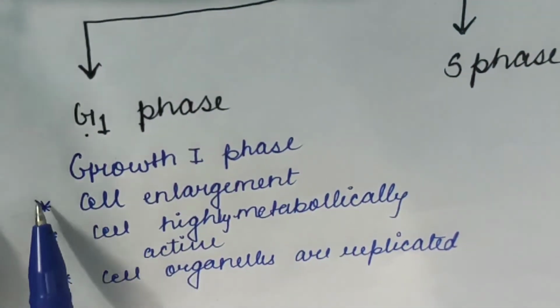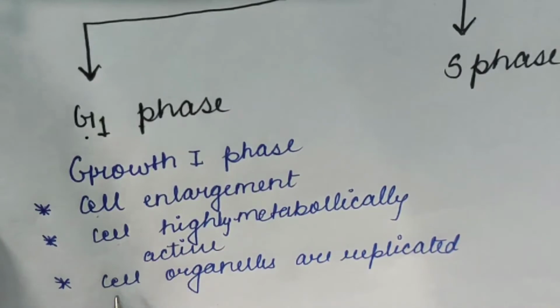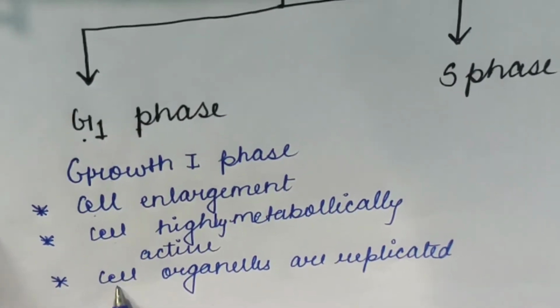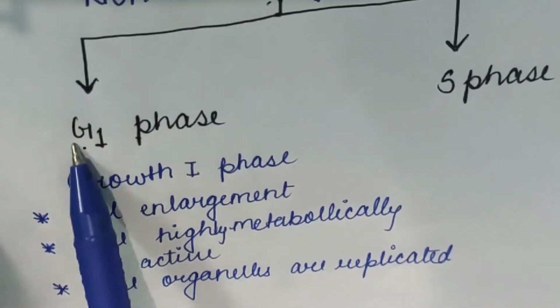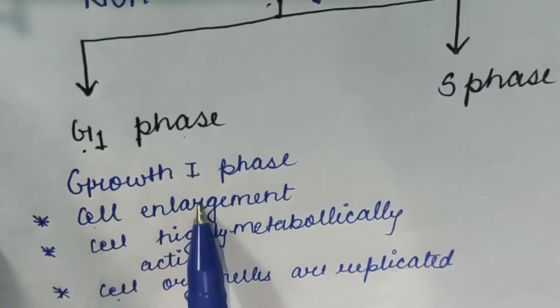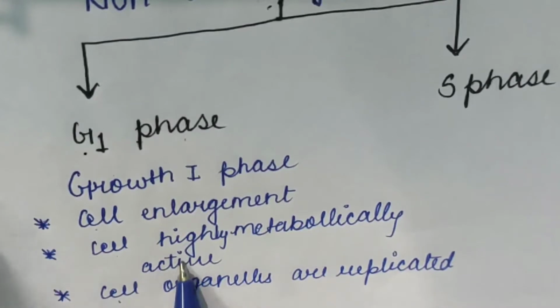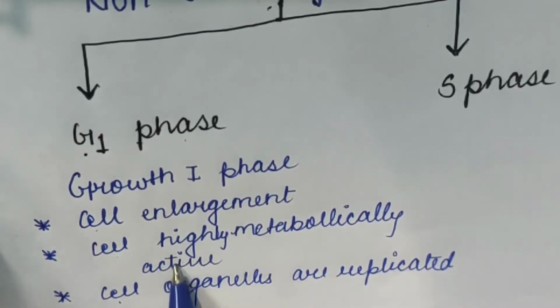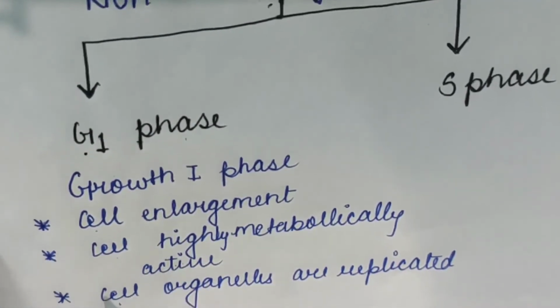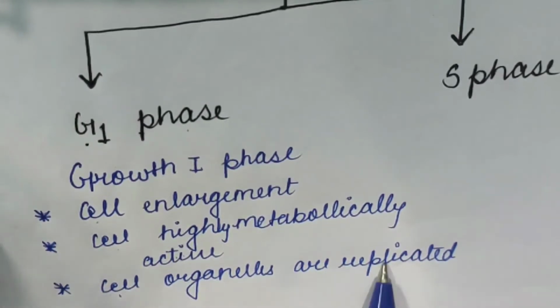So there are three main important processes which take place during the G1 phase. The cell enlargement, meaning the cell enlarges in size. Second, the cell is highly metabolically active, meaning it performs all the metabolic functions. And the other one, cell organelles are replicated.